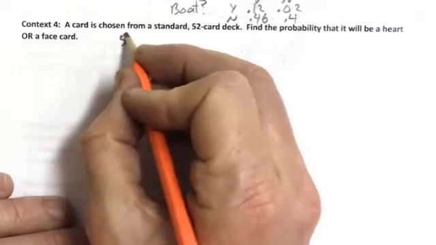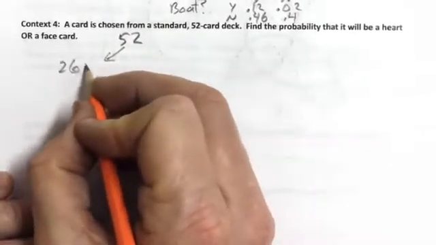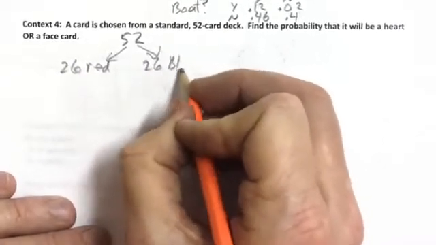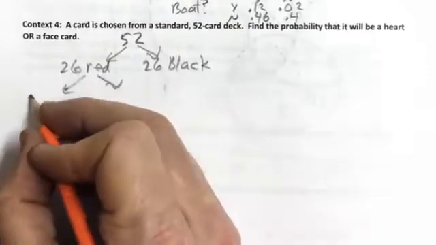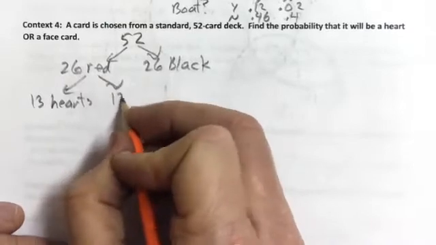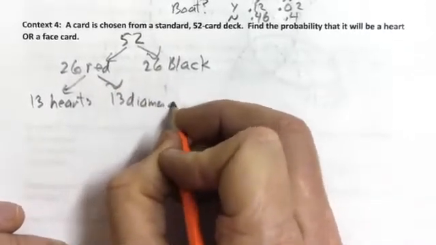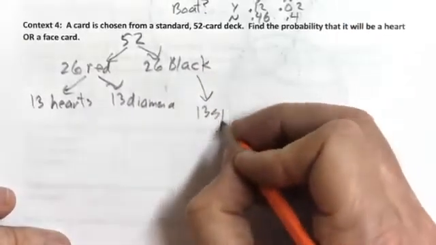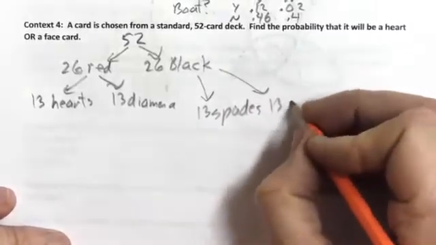In a 52 card deck, you've got 26 red cards and 26 black cards. Of the 26 red cards, 13 are hearts, and the other 13 are diamonds. For the black cards, you've got 13 spades and 13 clubs.